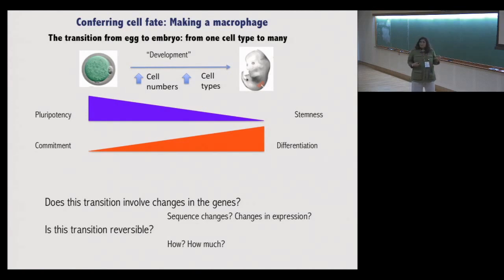So with respect to genetic information, I said making a macrophage relies on some gene regulatory network. You could ask, does this transition involve changes in genes? And if so, are these changes in the sequence of genes? Are there changes in expression of the genes? The answer is that it does not involve changes in sequence of the genes.